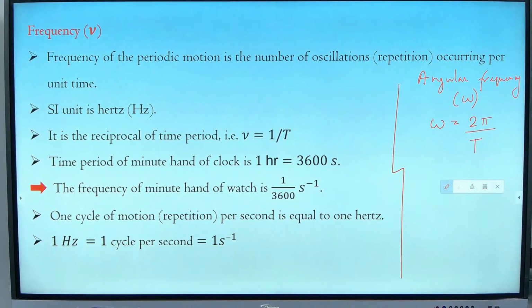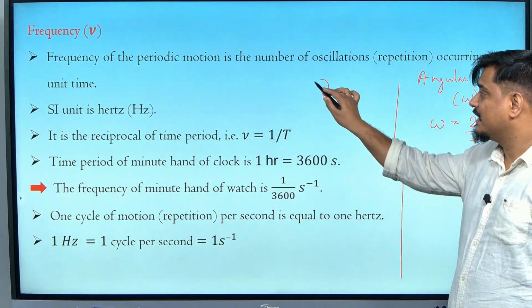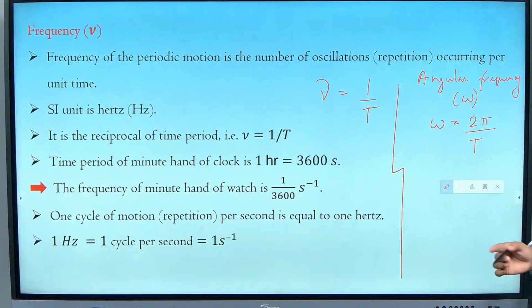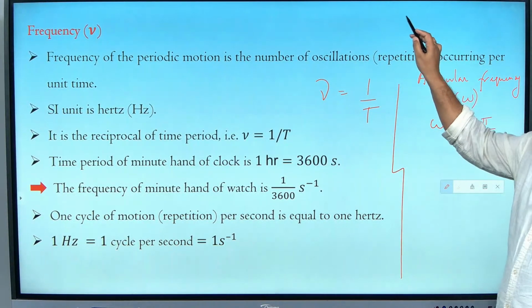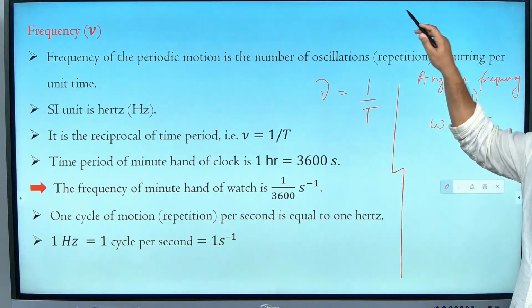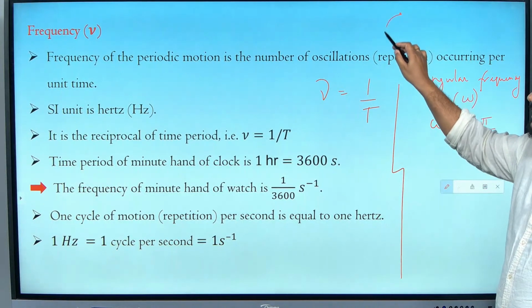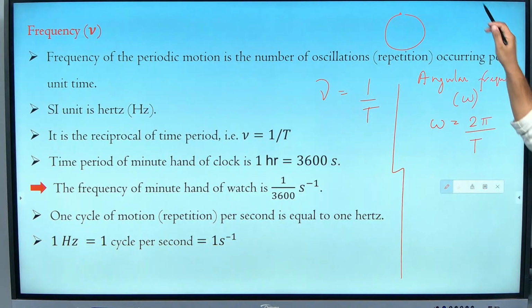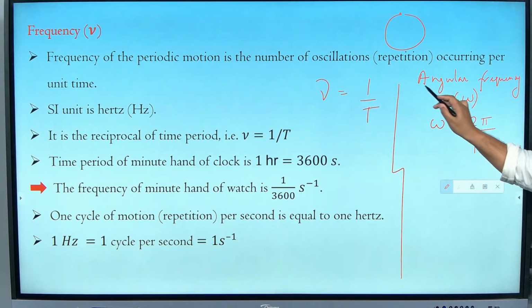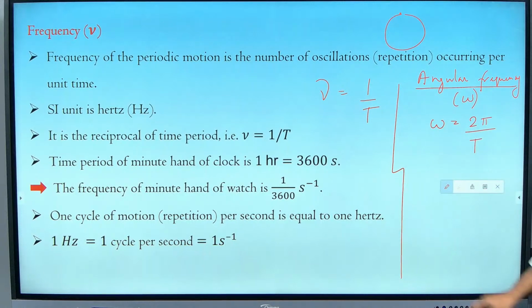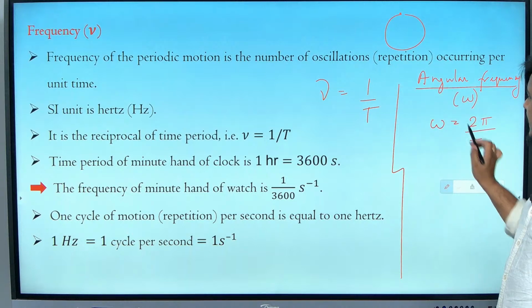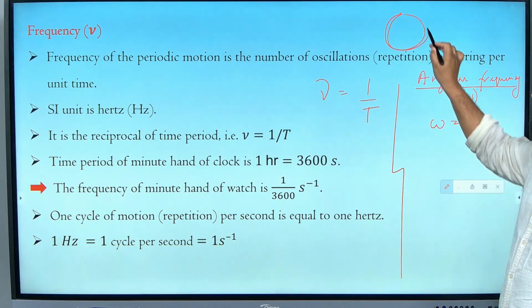See, it is very simple. Frequency is 1 by time period, isn't it? Time period was the time taken to complete one oscillation or one vibration. So it starts from here, it takes how much time? That is time period, and frequency is the number of oscillations per unit time. On the other hand, if I write about angular frequency, it is in terms of angle, isn't it? So in this time period, how much angle does it cover? 2 pi.